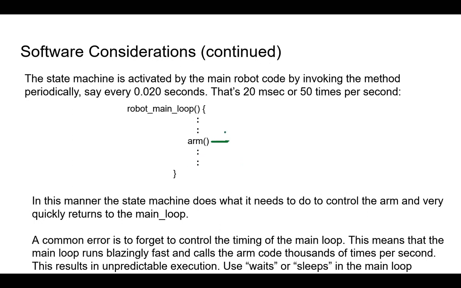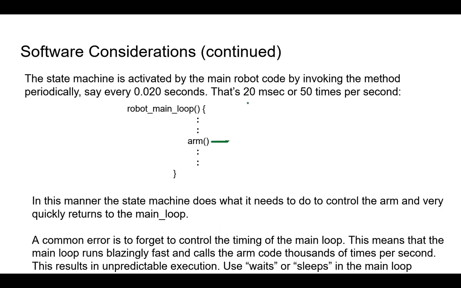So what we do is we simply take the methods and we call the methods one after the other. So in this case, we would call 5 methods in the main loop of the robot. After we finish with this state machine, we go back up and we call the state machines again. So it goes around and around.